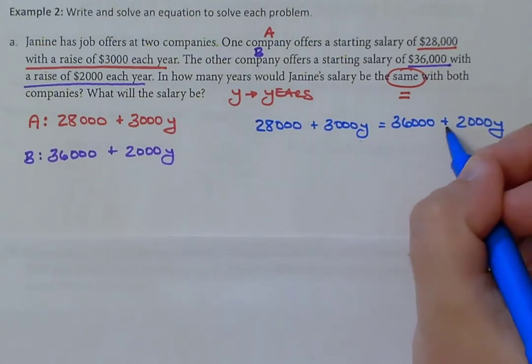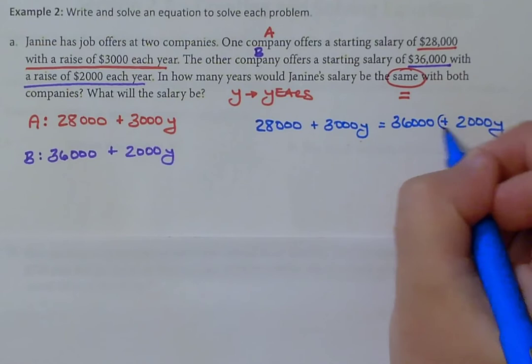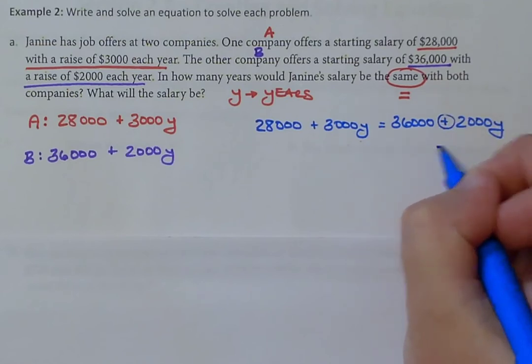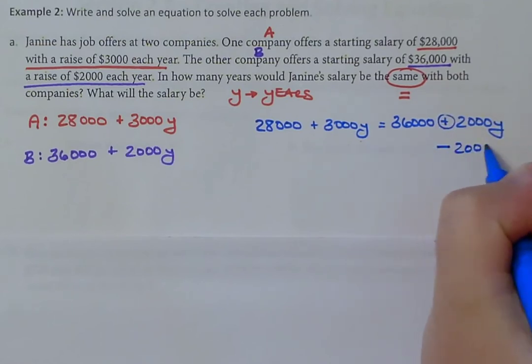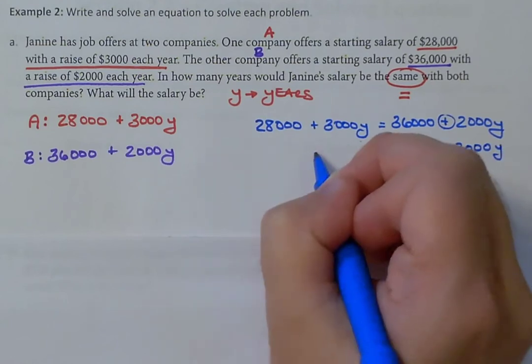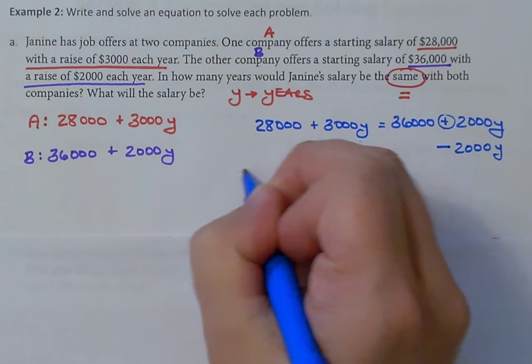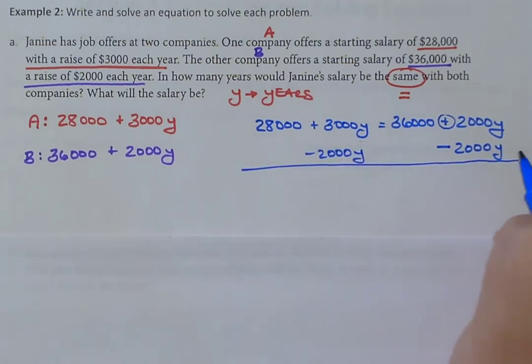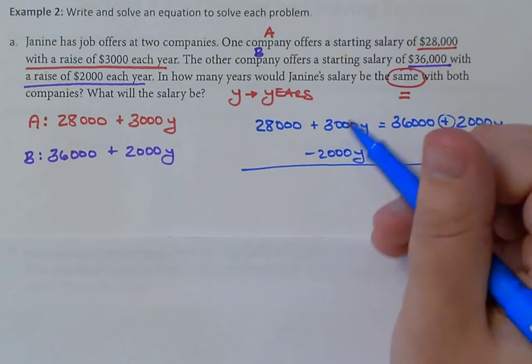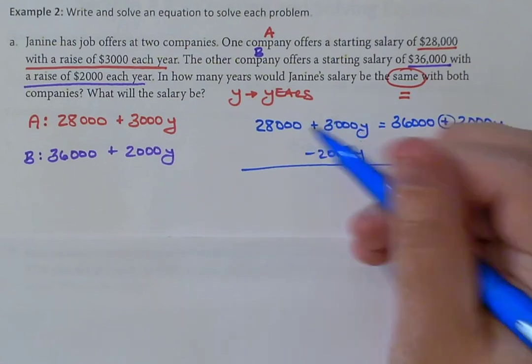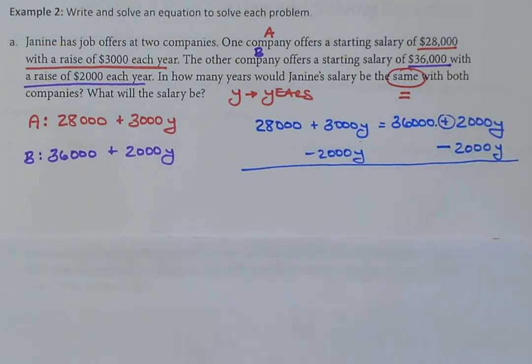Because this is plus 2,000y, I need to do the inverse operation, which is to subtract 2,000y. Now remember, when you're adding or subtracting to one side or to both sides, you have to do it to like terms. So I'm only doing it to the y's and to the y's. There is no y here or here, so nothing changes from those.